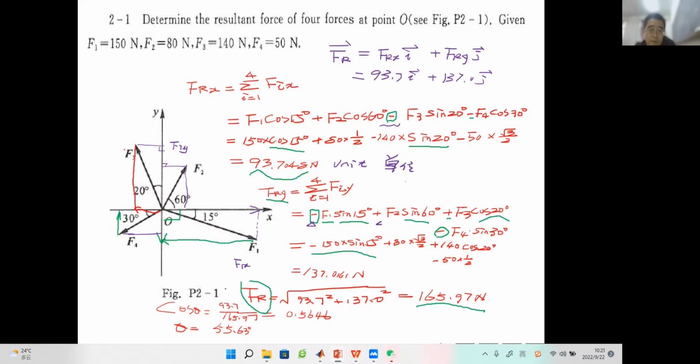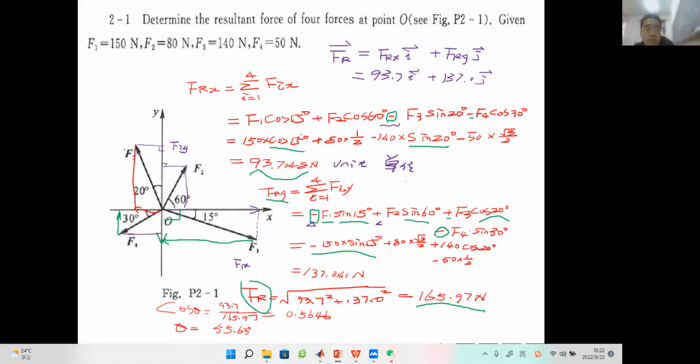So then it's very, very easy for us to find this FR, actually the magnitude of the vector, right? We just use this one and this one. So we have to use this squared calculation: 93.7 squared plus 137.0 squared. Then we can find the final result is this.